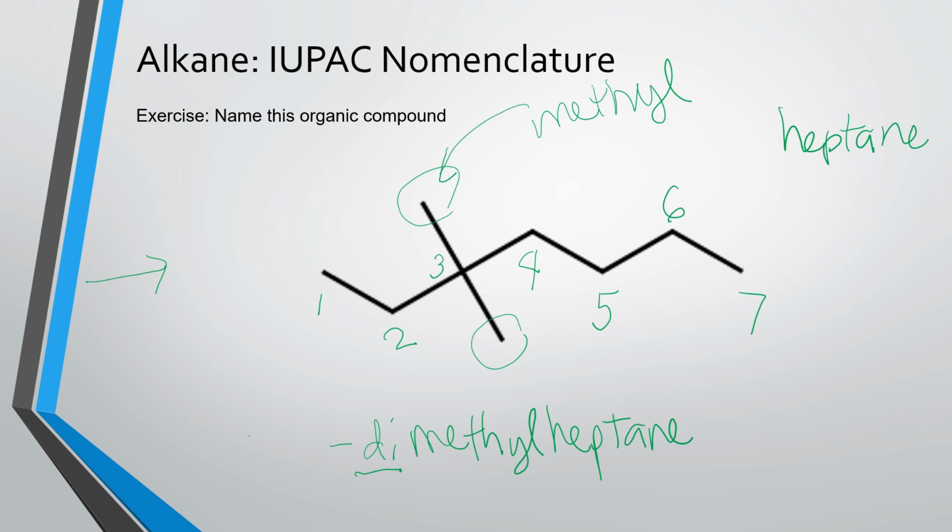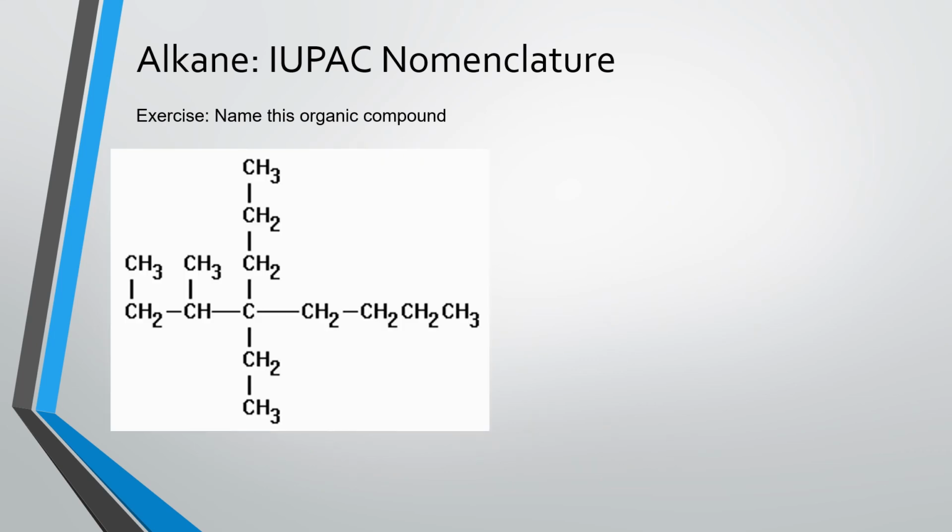So, tamang sagot ay 3,3-dimethylheptane. So, pag nakita mong 3,3, may dalawang methyl sa 3. Kaya di. Heptane kasi yung pinakamahaba. Kuha ba? Yan. Second example naman tayo. Subukan yung pangalanan sa inyong notebook.